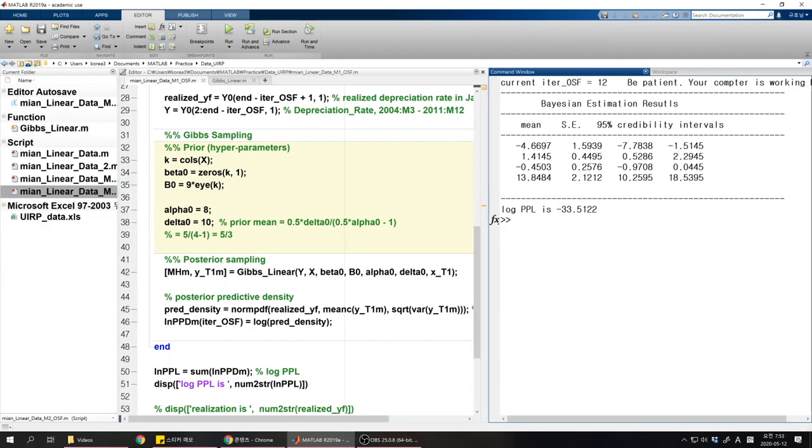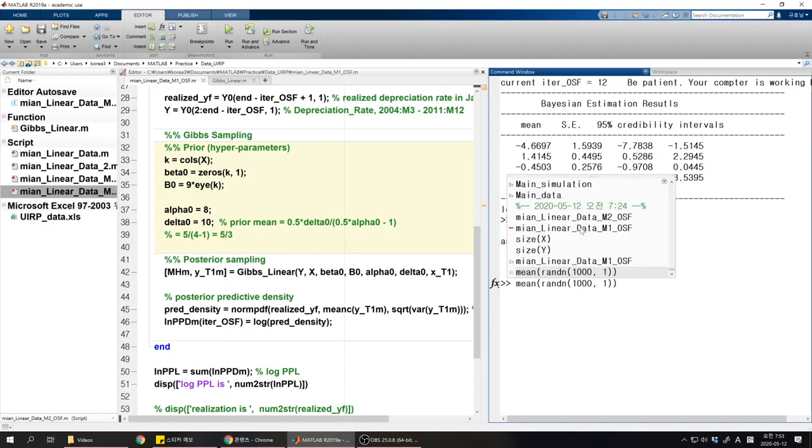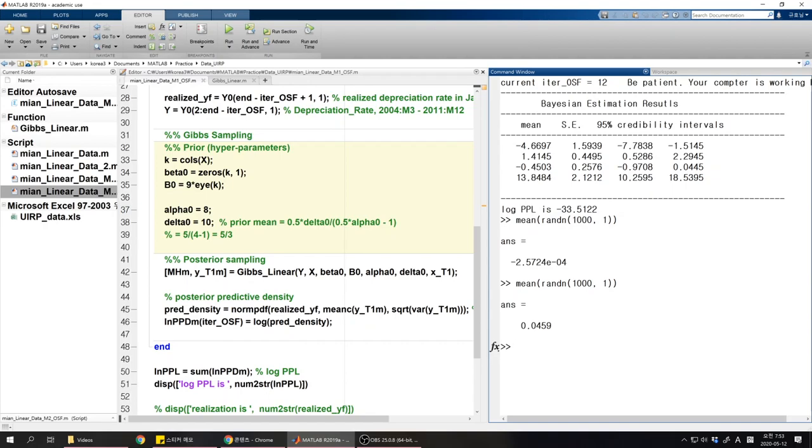Let's take a look at here. Rand n 1000, 1. So this is what? This is 1000 samples from the standard normal. Its mean is what? Theoretically, it should be 0, but here it can't be exactly 0. Let me try again, and get another 1000 rows.